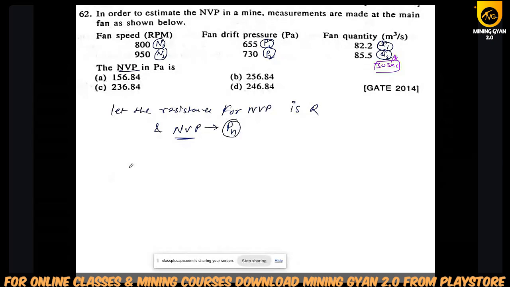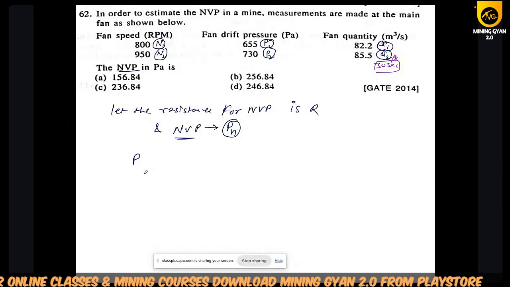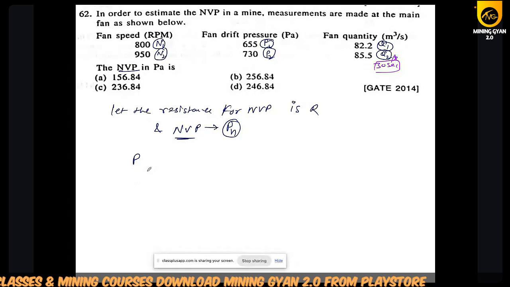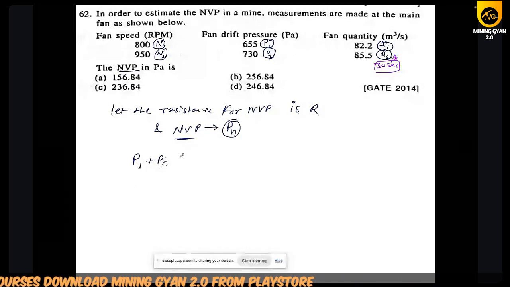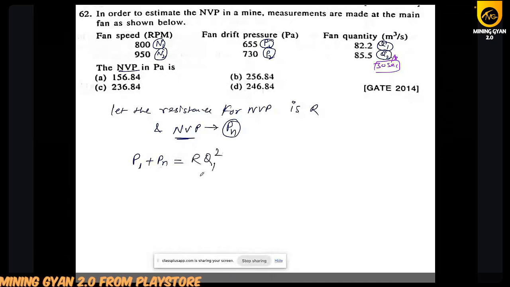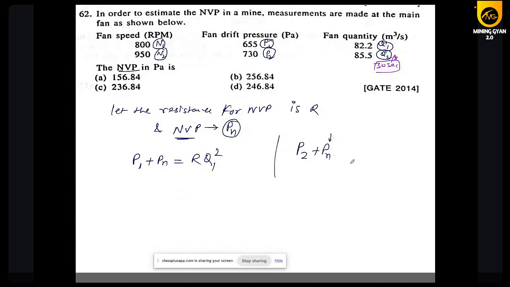Now you can write P1 plus PN equals R Q1 square. Again, P2 plus PN, because PN is the NVP, so add both of these, equals R Q2 square.